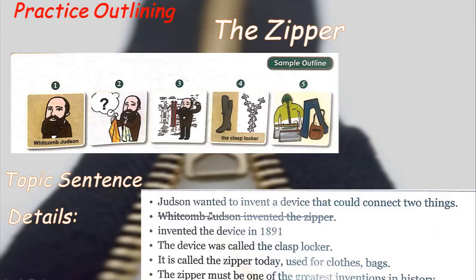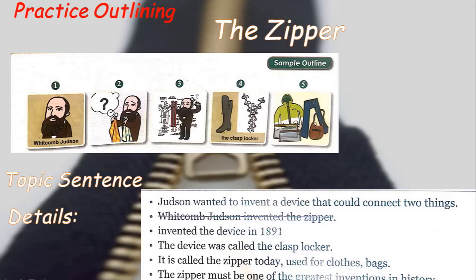Picture number 1 is already done for you. So picture number 2: Johnson wanted to invent a device that could connect two things. So he showed two different clothes, and the question mark means he wants to do something, he just wants to create a way to connect the two clothes together.